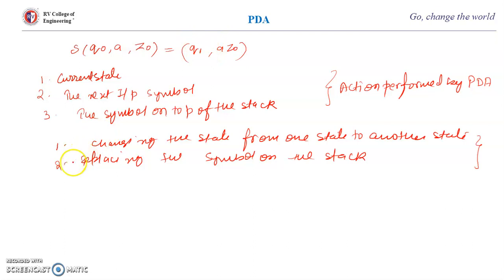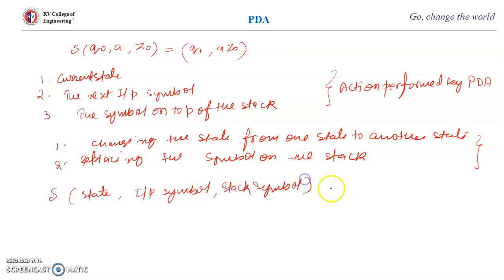In general, you will have the state here, the input symbol as the second parameter, and the stack symbol as the third parameter, and then you get the next state of the machine and the stack symbol.